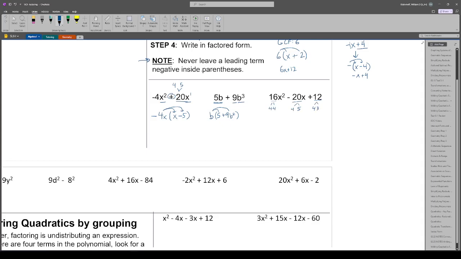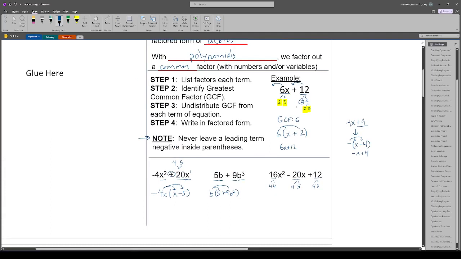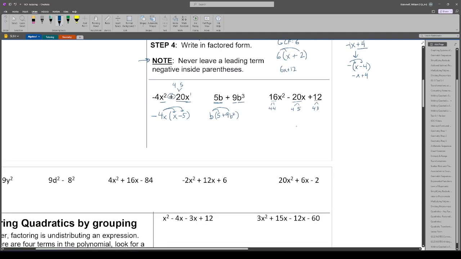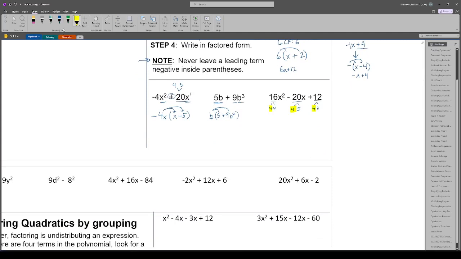If you can't immediately see that, then remember you can always do what we did above and write the little factor tree to find all of the common prime factors and then put them back together. So I find a GCF between all three terms is 4. So I put 4 in front of my parentheses. But I also need to look at my variables. I have x squared, x, but this one has no x's.